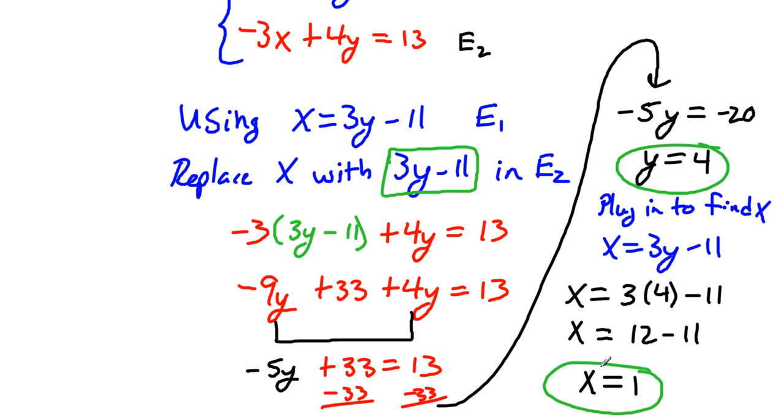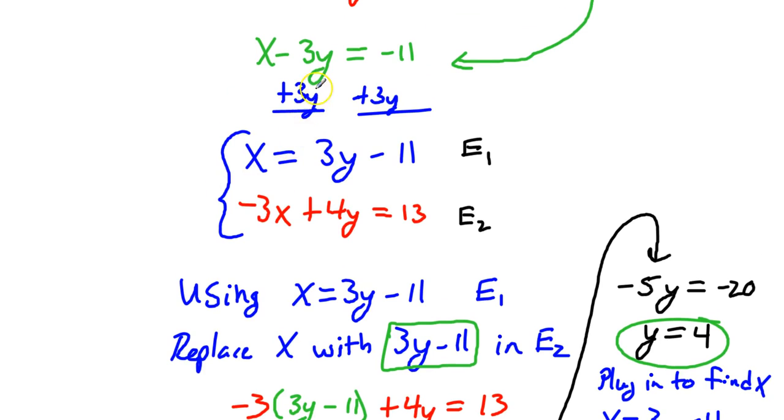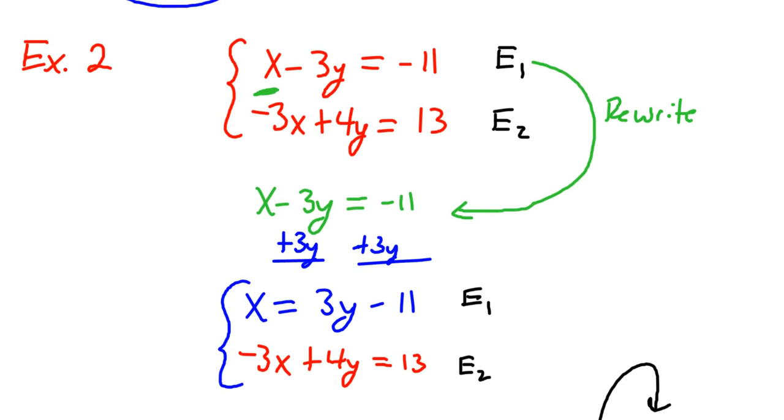That's pretty much the only two options you get with substitution. Either you've got one where you've got x equals or y equals, or you've got one that you have to very slightly rearrange by adding or subtracting away an x or a y value.